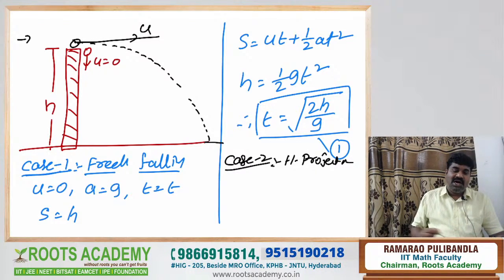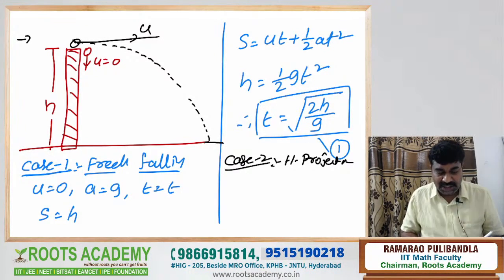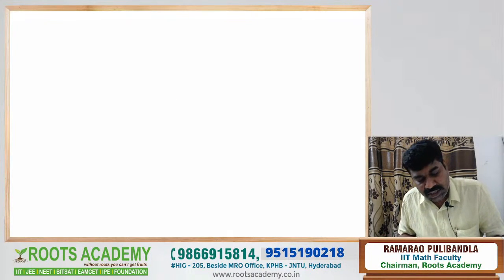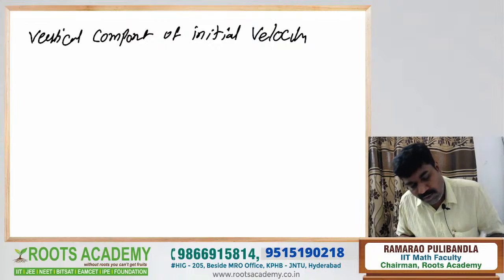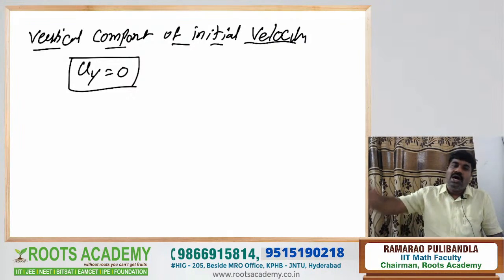The body is projected horizontally, so the vertical component of the initial velocity, uy, is equal to 0, because it is thrown horizontally.